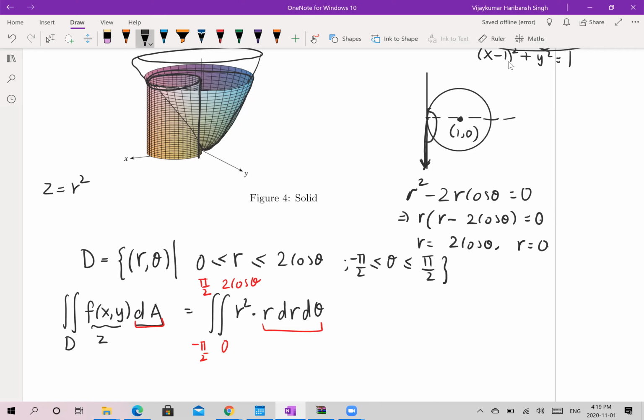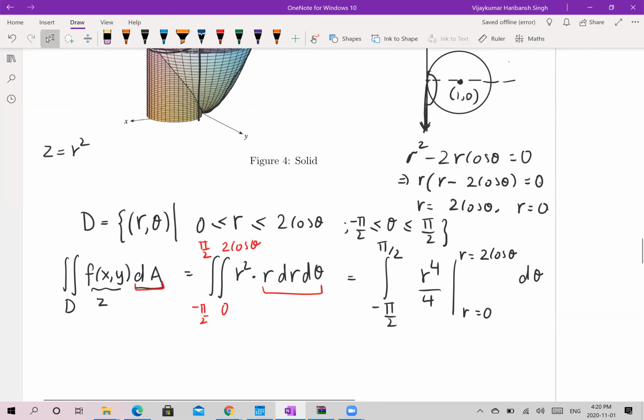So we get, this is going to be r cubed. So the integration of r cubed is r to the 4. So we have minus pi by 2 to pi by 2 of r to the 4 divided by 4, where r goes from 0 to r equals 2 cos theta, d theta.